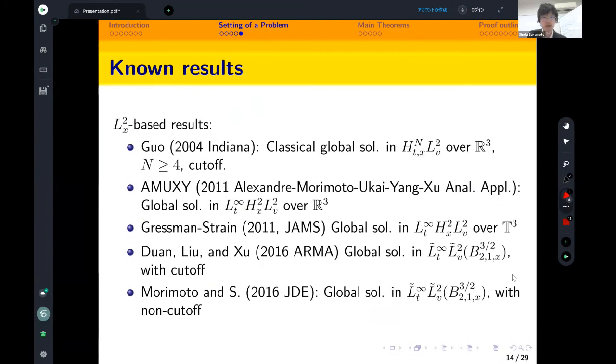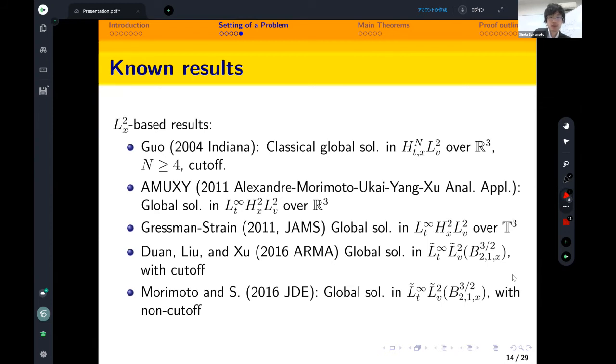Now, let me show you some known results. And these are L2 based results, L2 in x, I should say. There are some other results based on using other L1 or L infinity bases, but I think L2 is usual.